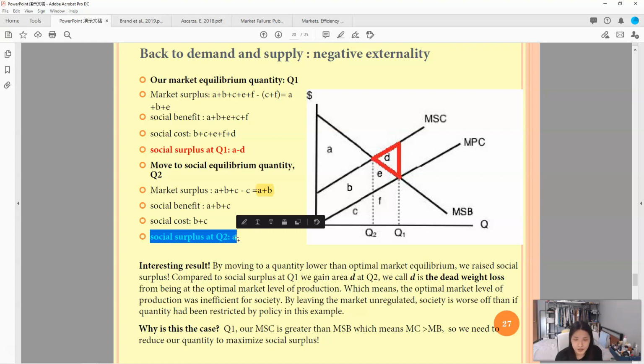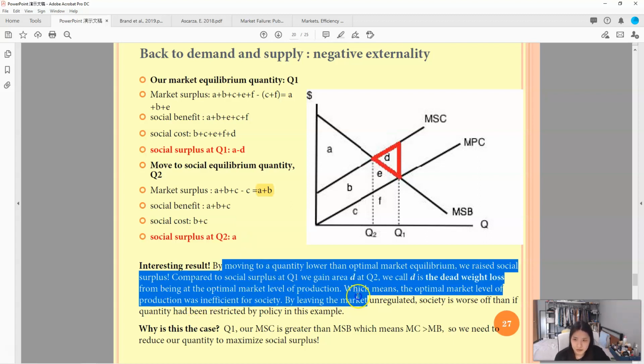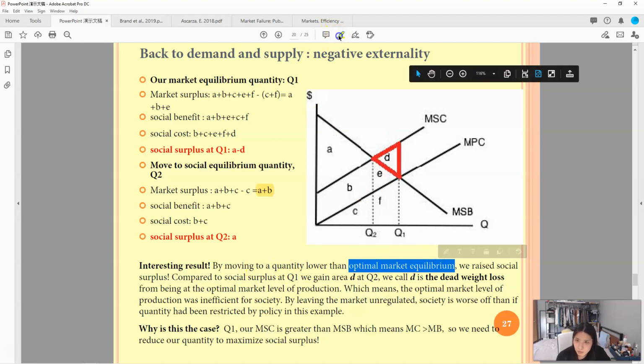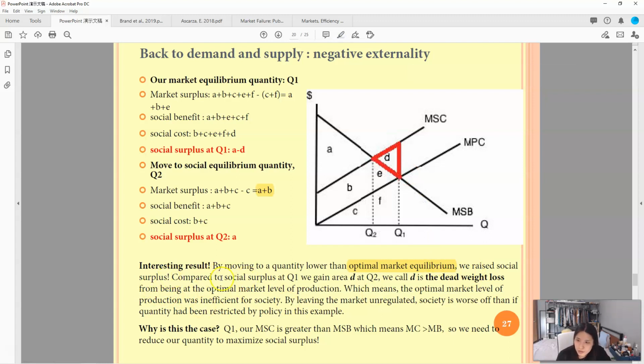By moving to a quantity lower than the optimal market level, we raised the social surplus. Compared to the social surplus at Q1, we have additional area D at Q2.